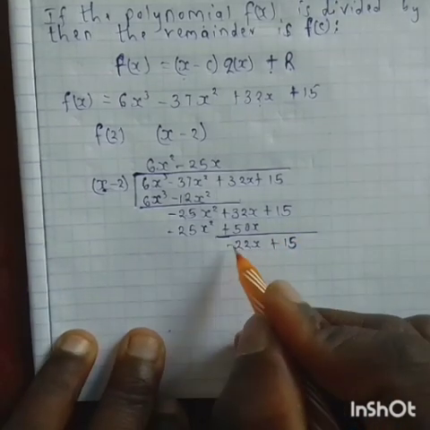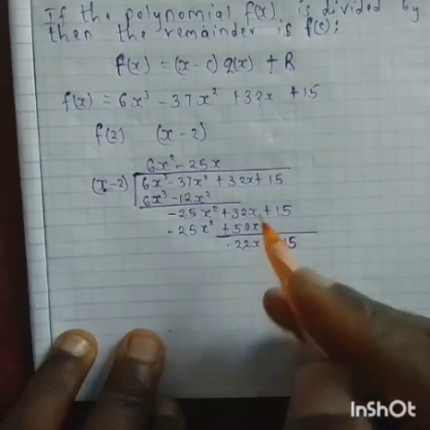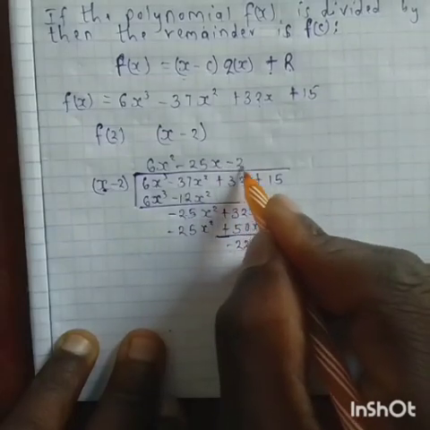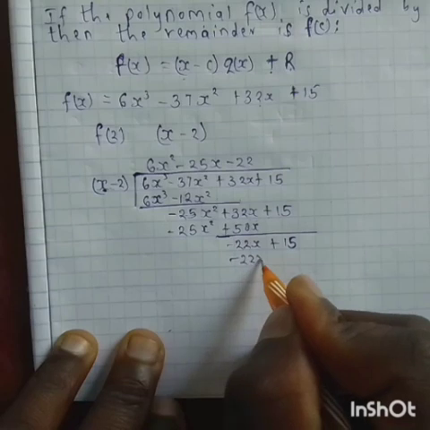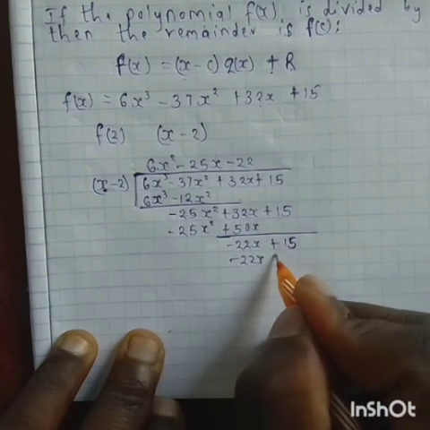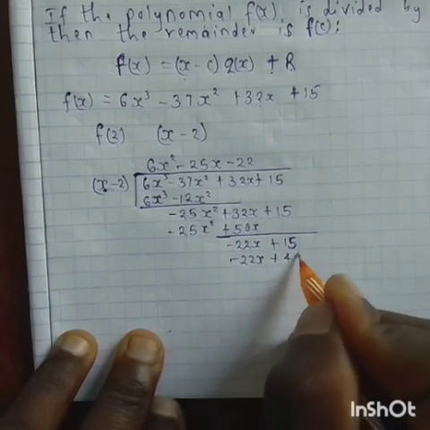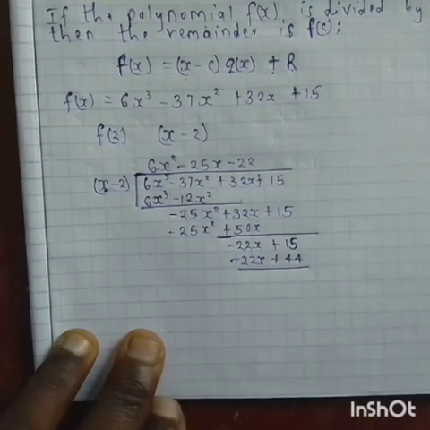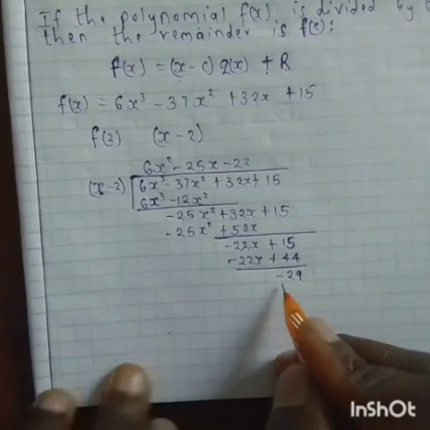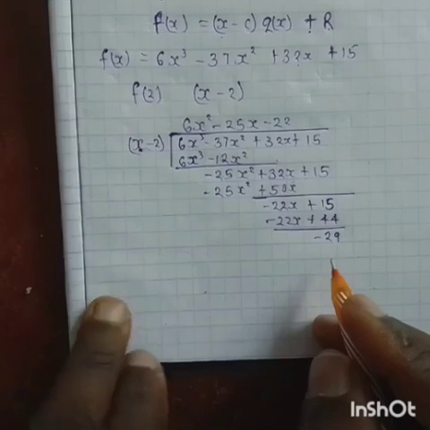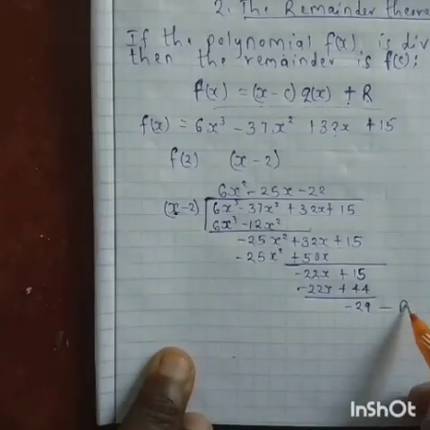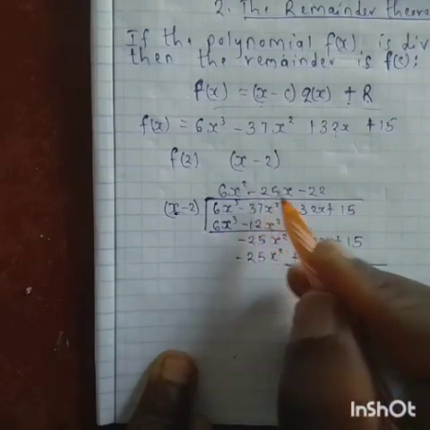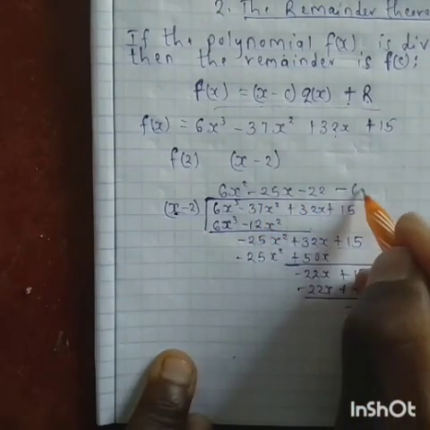For these coefficients to be equal, we again multiply by minus 22, so we have minus 22x plus 44. We will have minus 29. In this form, this is our remainder r, and this is our quotient q(x).